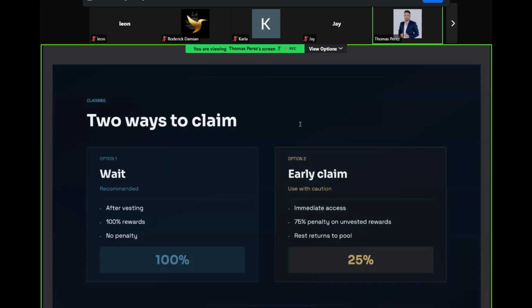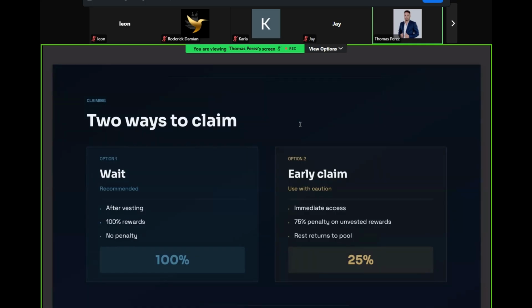So now the claim function. When it comes to claiming reward, you have a choice. You can either wait to fulfill the vesting period and your reward being vested, so you receive everything. Or maybe you are a little bit anxious or in need or whatever.